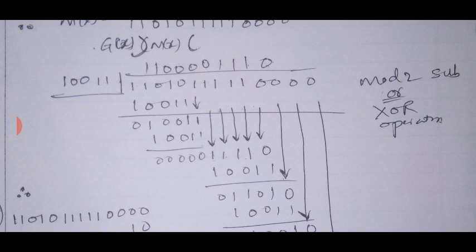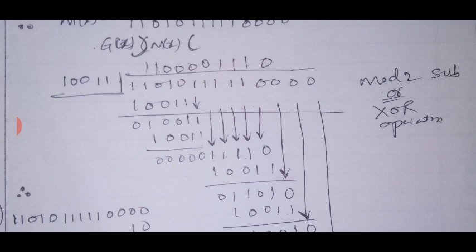Obviously you can't do division with this, so you need to multiply 10011 with 0. Next take another 1, and another 1, till your number length becomes equal to this number length. Here this is of length 5, so this should also be of length 5. So it is 10011.